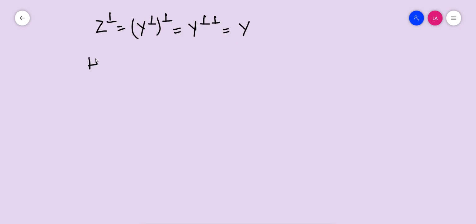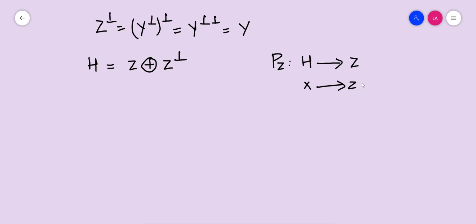Now, every Hilbert space can be written as the direct sum of two spaces. So H can be written as the direct sum of Z and Z perpendicular. Based on this, we can define a map PZ which maps every element X in H onto some element z in Z, where Z is Y perpendicular.